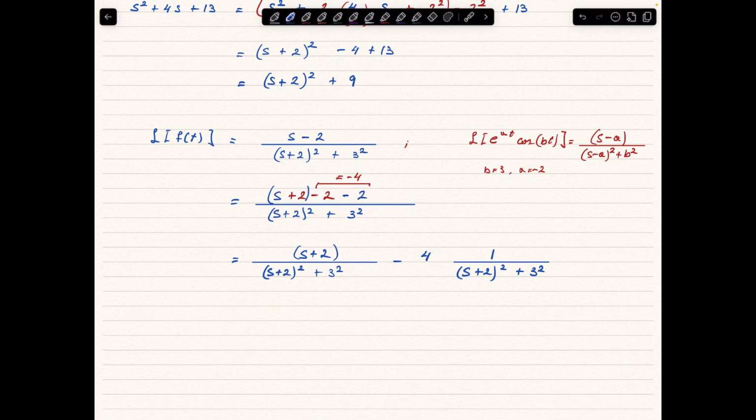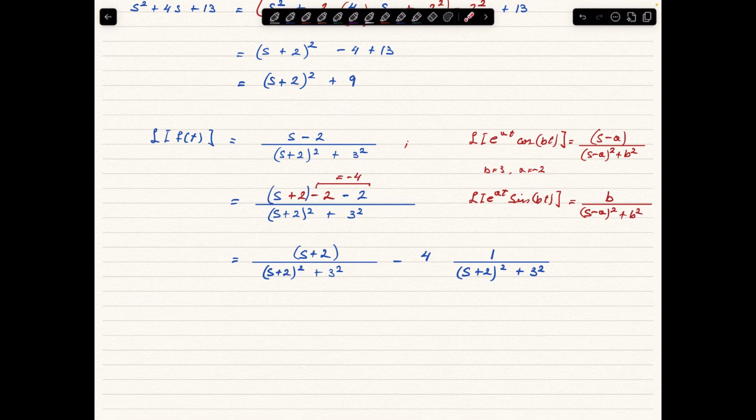And now we recall that we also have the Laplace transform of the exponential at sine of bt. And this is very similar. It's just b over the same denominator, (s minus a) squared plus b squared.